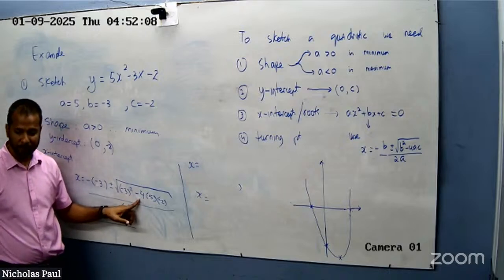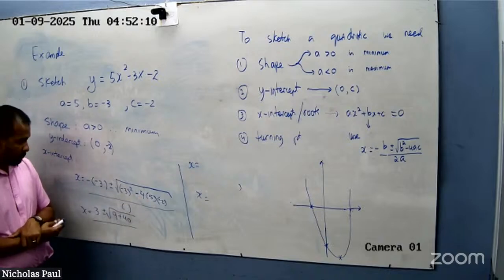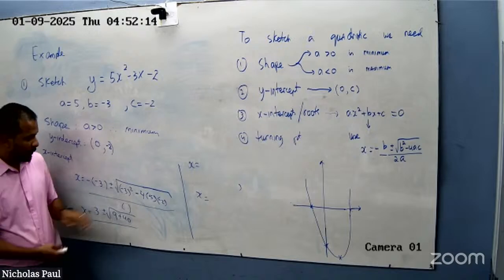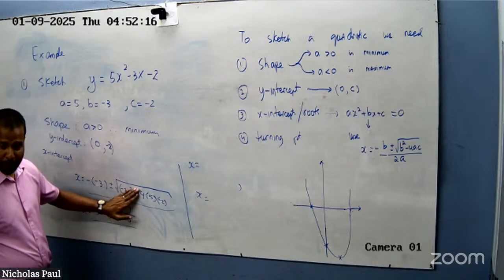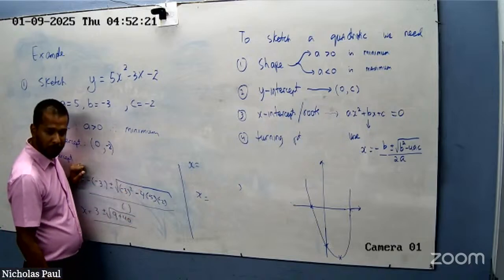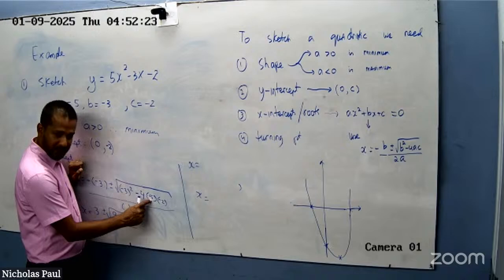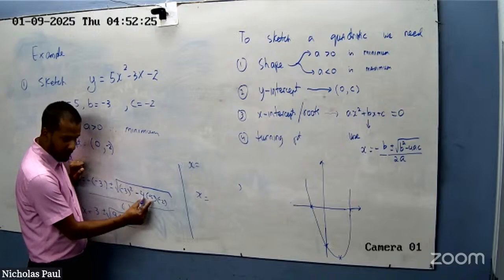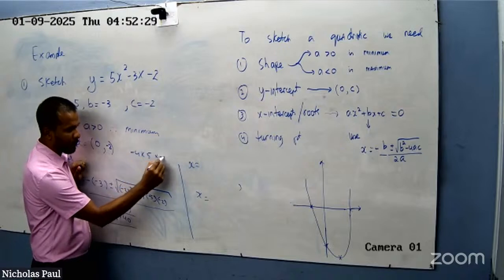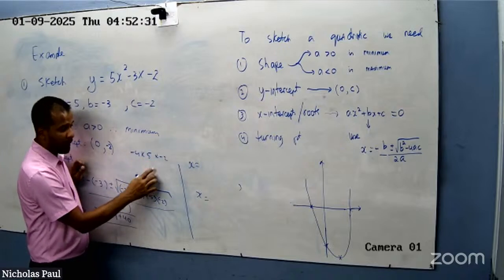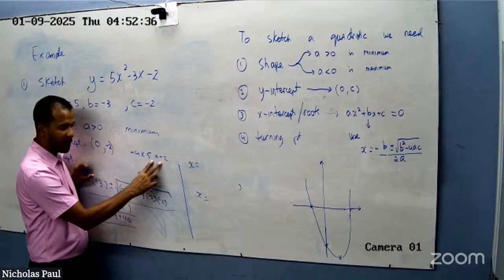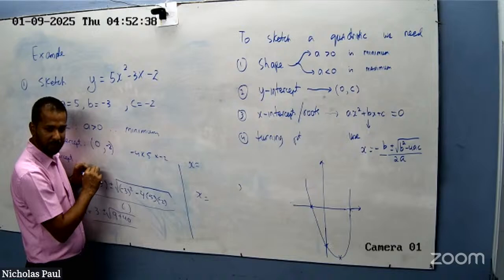I multiply this by this, and when I get a value, this by this. Even if it's minus 4 by minus 5, 5 by minus 2 is minus 10. Minus 10 by minus 4 is 40. Okay.